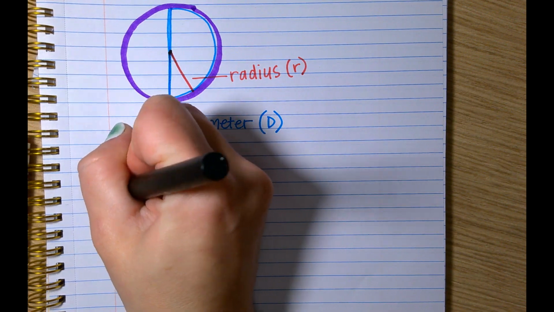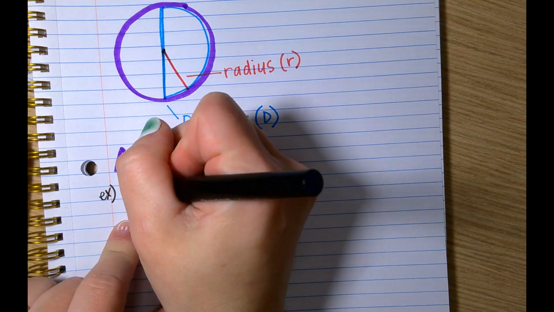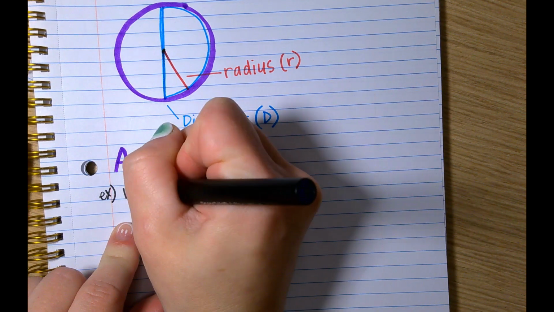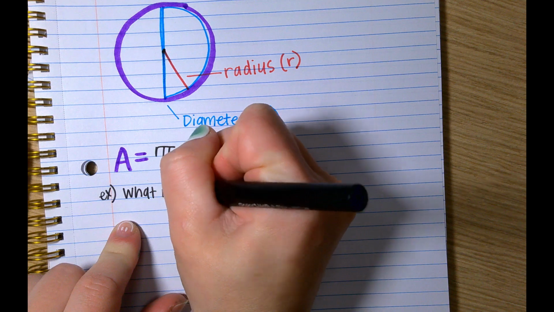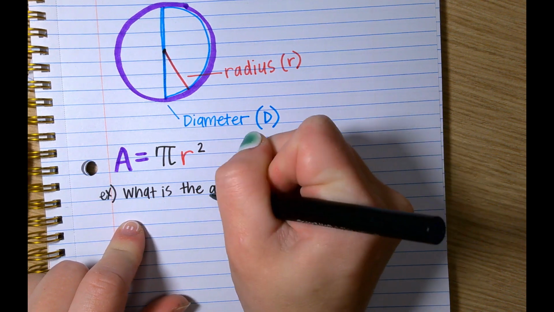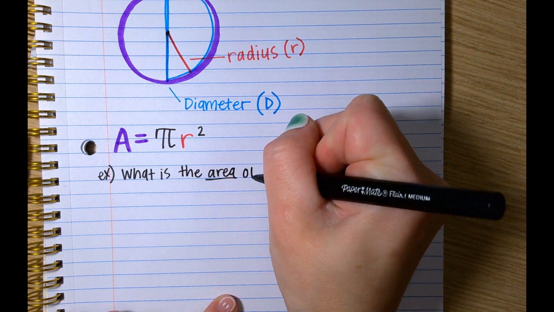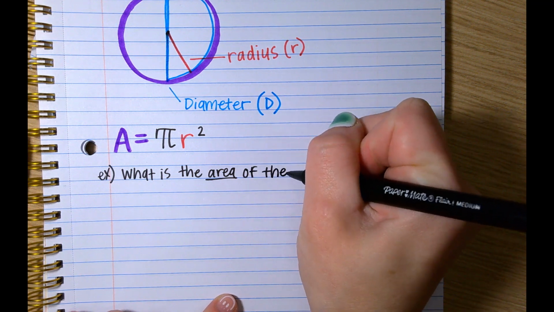So, let's say we have a circle. I'm going to say, what is the area of the circle?